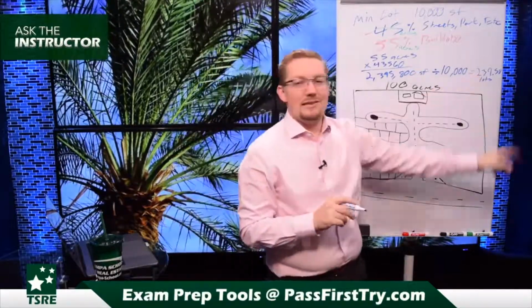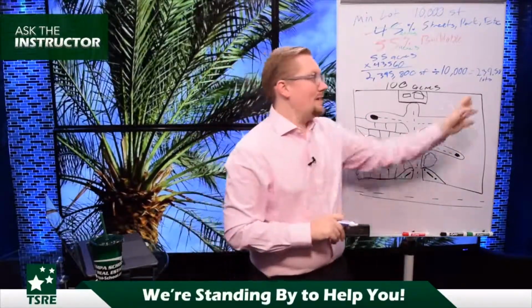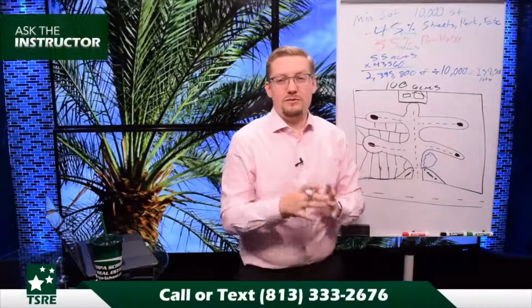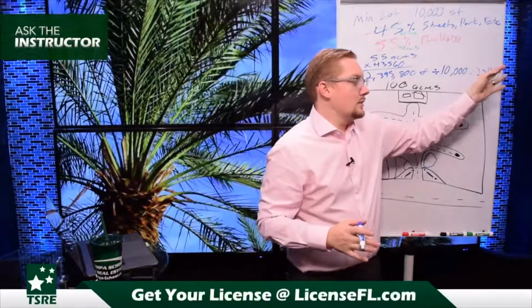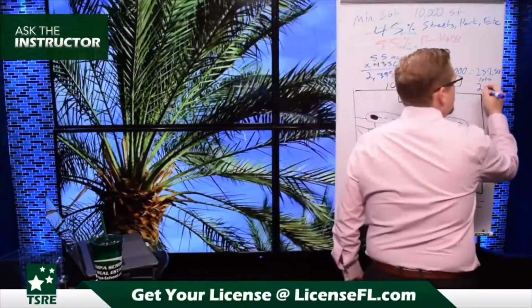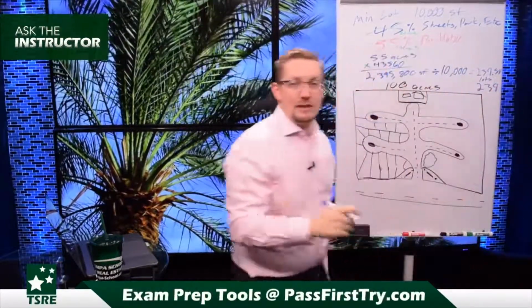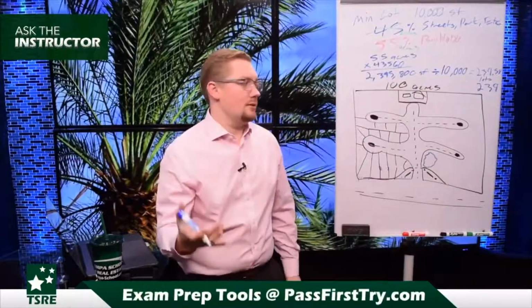Because what this is telling us is that we can have 239 10,000 square foot lots, and just a little bit more than half, we have another 5,800 square feet left over. Well, we can't make a 5,800 square foot lot, so we're only gonna have 239 lots.